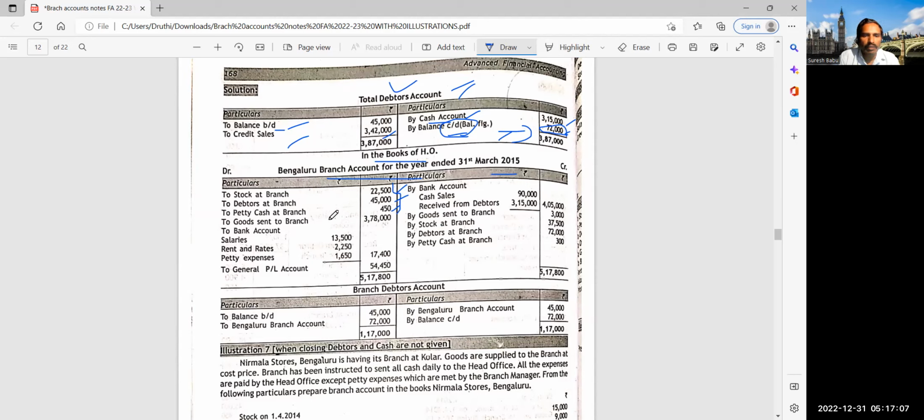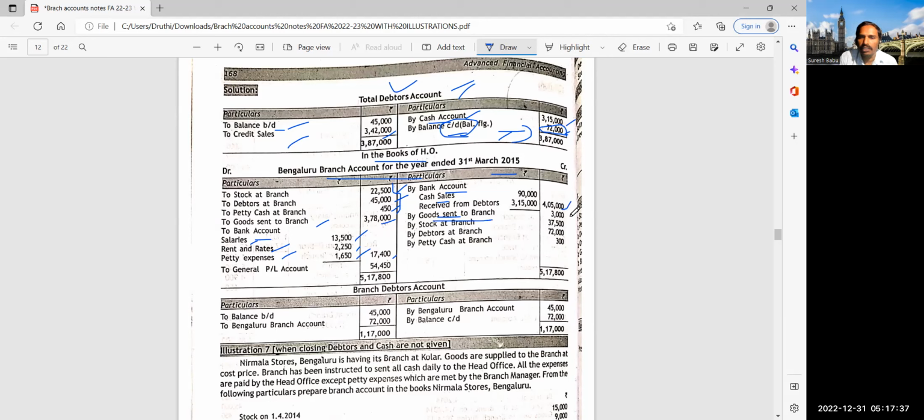Goods sent to branch 3,78,000. You know it very well, right? Then to bank account, because expenses have been sent: salaries 13,500, rent and rates 2,250, petty expenses 1,650, total 17,400. After writing this, there is remittance by the branch to head office: cash sales and cash received from debtors, both 4,05,000.